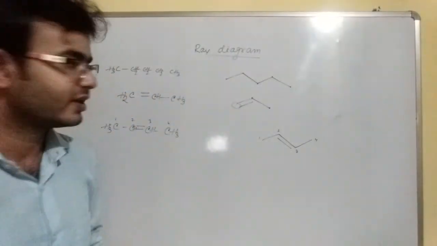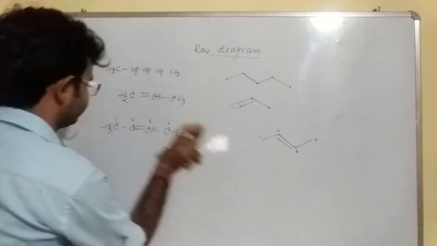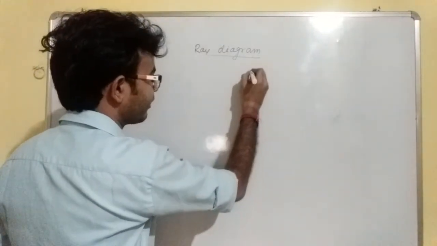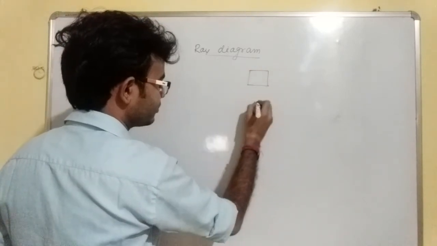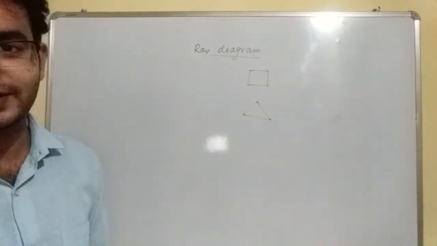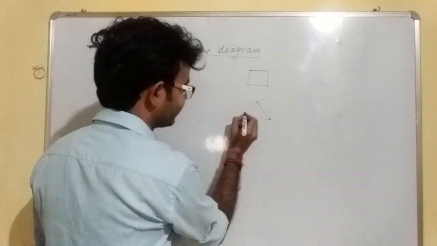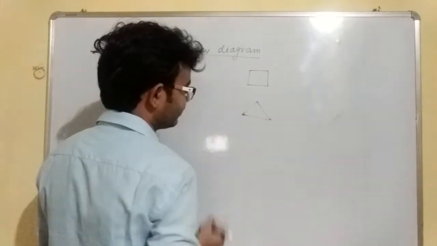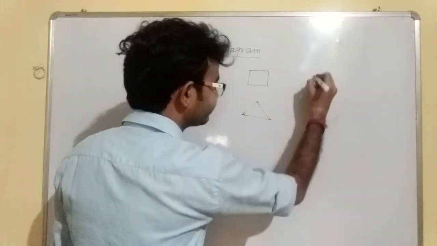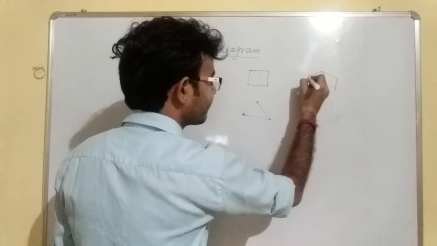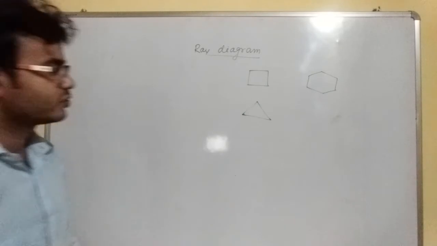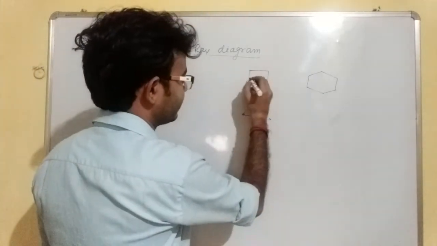Clear? Suppose a cyclic compound is given like this one, as a box or as a triangle. Don't think that this one is always a triangle. That's the ray diagram of a compound. How to identify the formula or draw the structure?